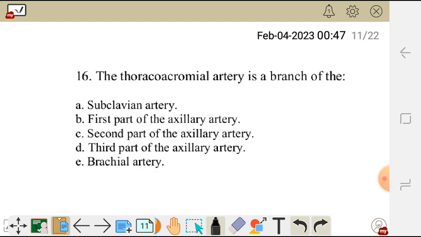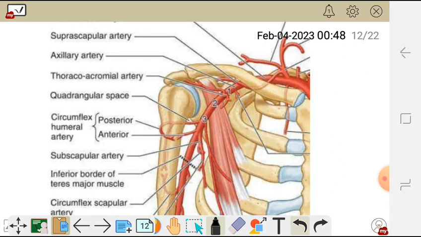So the thoracoacromial artery, as I had already said, arises from the second part of the axillary artery. It is the branch of the second part of the axillary artery together with the lateral thoracic artery. Okay, so let's move on to question 17.